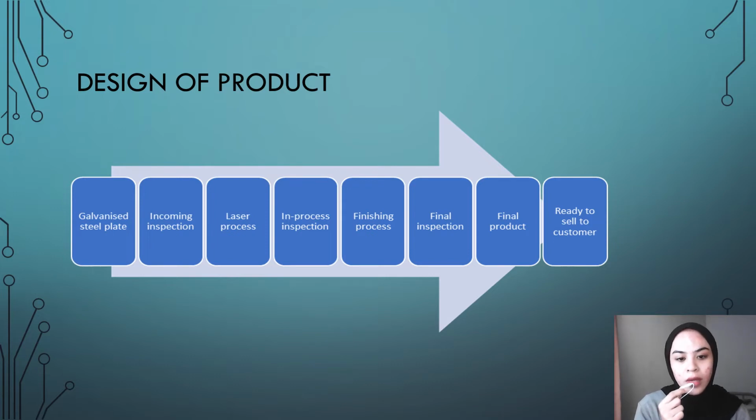After that, we undergo the process inspection to make sure there are no defects during the laser process. Before the final inspection, we undergo another finishing process to make sure that the surface finish of the product is in very good condition before the final product is ready to sell to the customers.